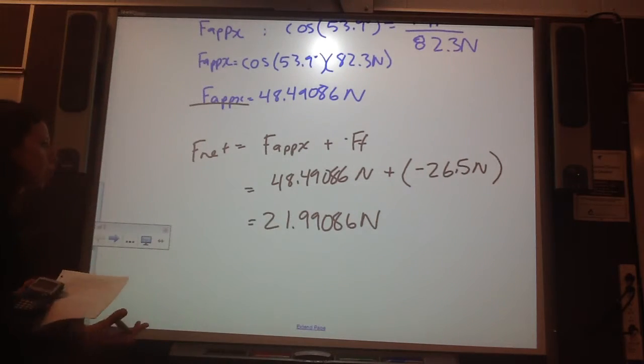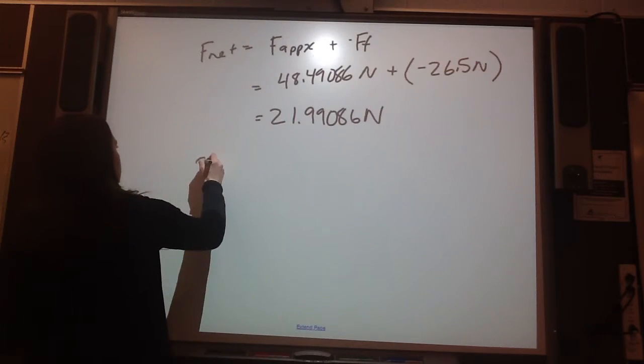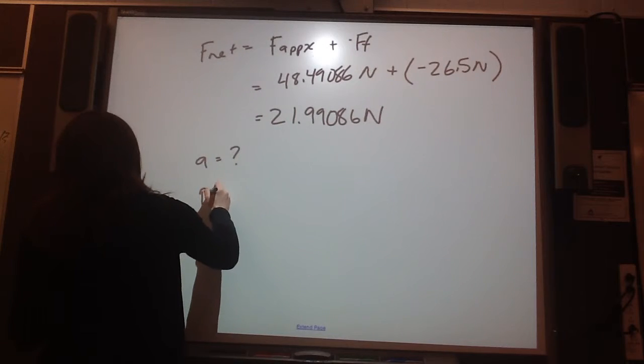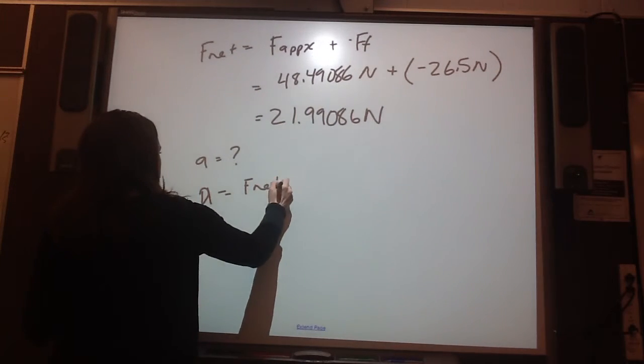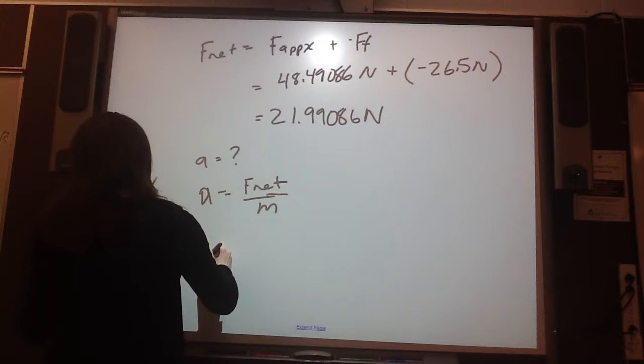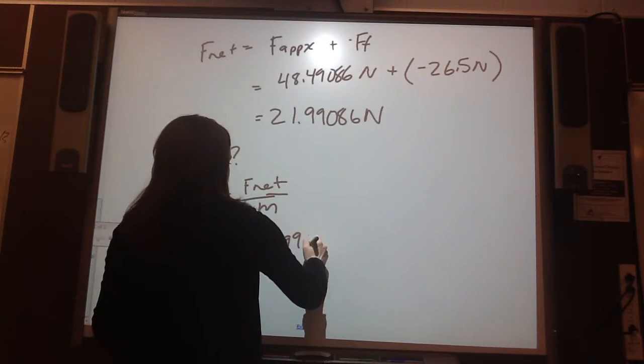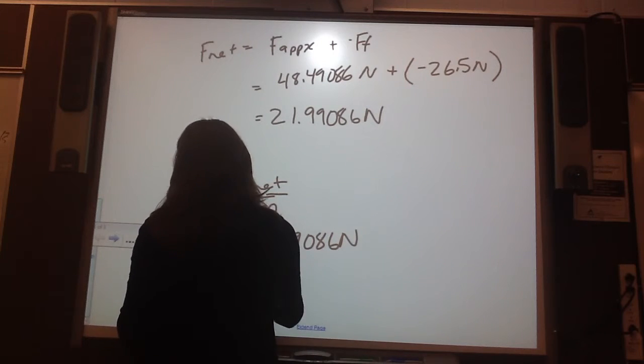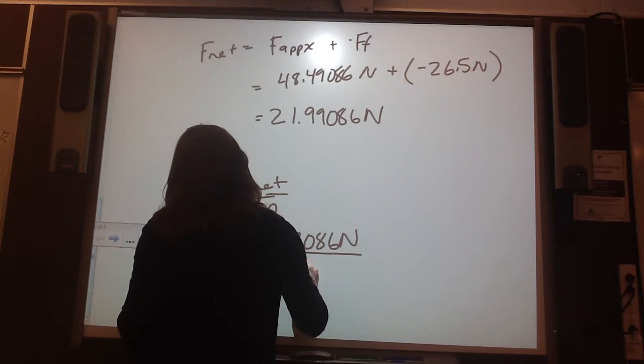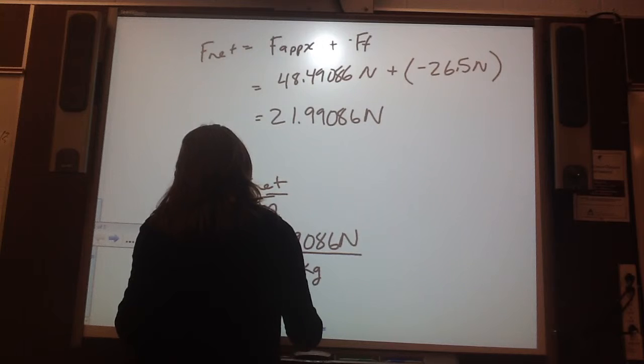Okay, now we are trying to find acceleration, which we know A is equal to F net over m. So A is equal to 21.99086 newtons divided by 65 kilograms.